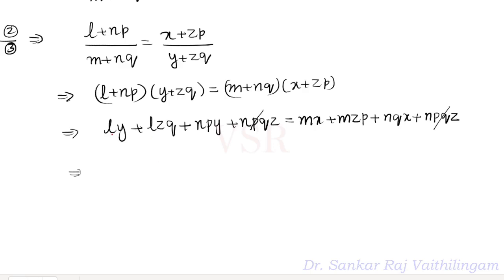Let us see what is common. We have ly minus mx. Now qz and z appear in both, so plus lq minus mp times z. Then plus py minus qx into n, which is equal to 0.